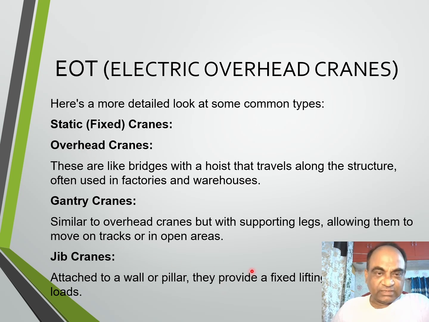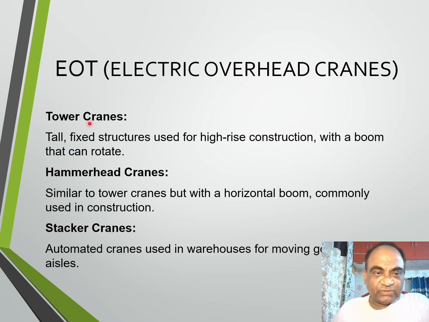EOT crane, as I told you, is a fixed crane. So you have gantry cranes, jib cranes, and overhead cranes or EOT cranes. Let's proceed. You have tower cranes, hammerhead cranes, and stacker cranes.